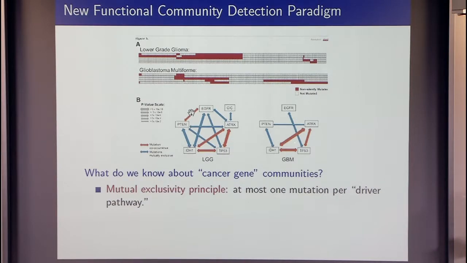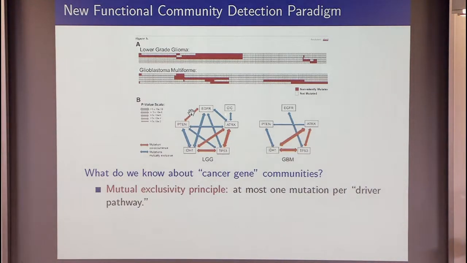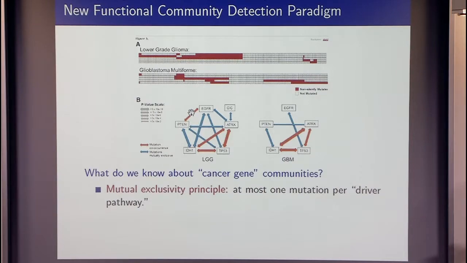And then what happens is you would see modules where only one gene is mutated, and hence you strike out one key player in a community, you attack a member of the community, you take out the whole community, so you don't have to really attack multiple members of the community to disrupt the pathway. So this is what recently came to be known in the bio community as the so-called mutual exclusivity principle.